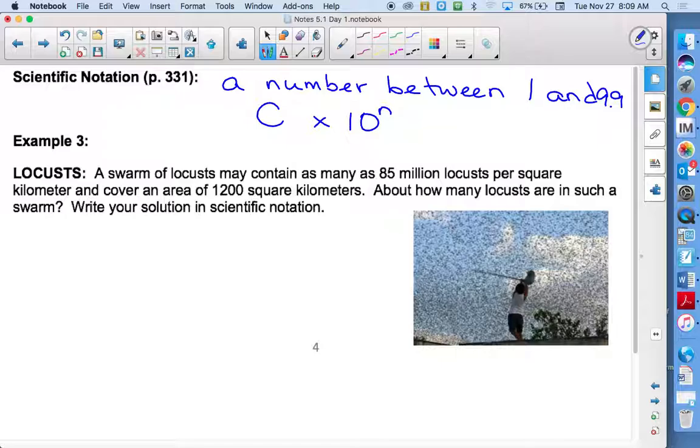So before we talk about writing the solution or even just attempting to solve this problem, if you look at 85 million and the 1,200 kilometers, if you have 85 million, how could I write that number in scientific notation? So think, we have 85 million. So we have 85, 1, 2, 3, 1, 2, 3.